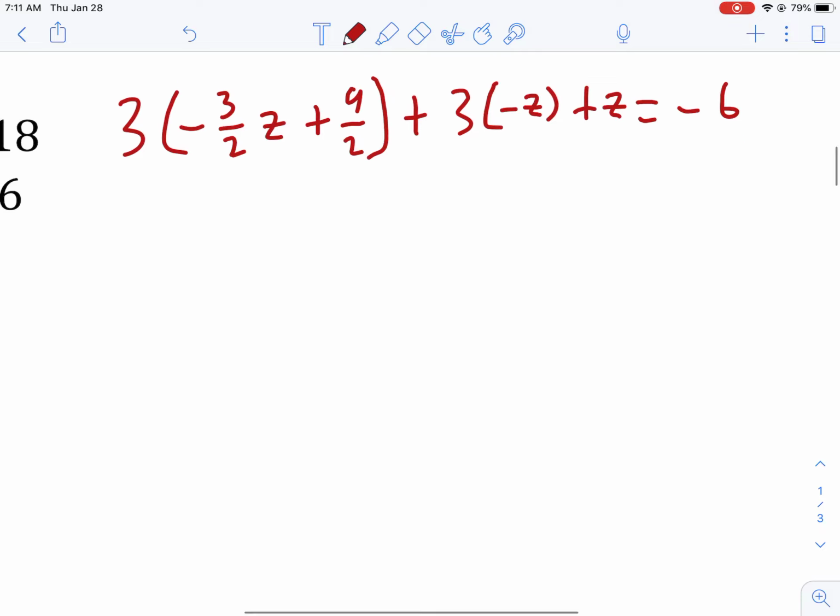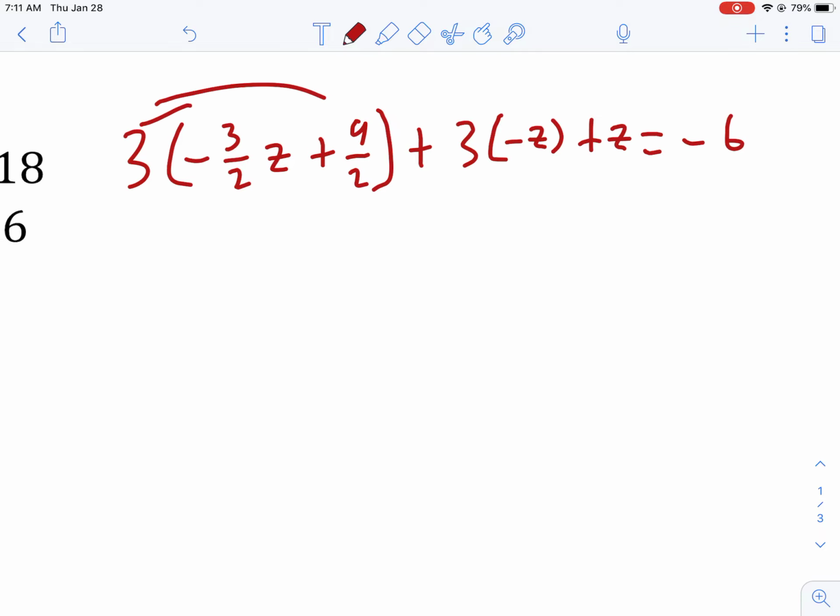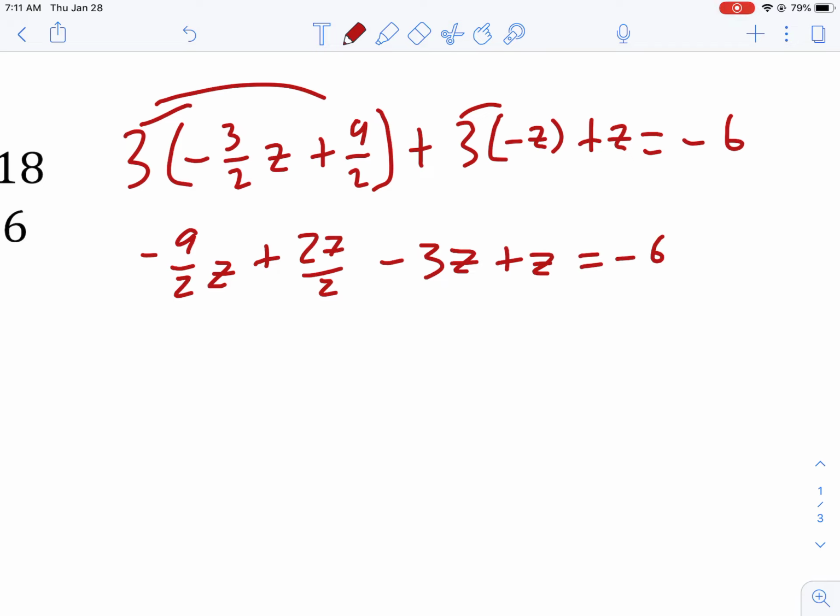So we have to solve this. First thing I'm going to do is my multiplications. This will be negative 9 halves z plus 27 halves minus 3z plus z equals negative 6.